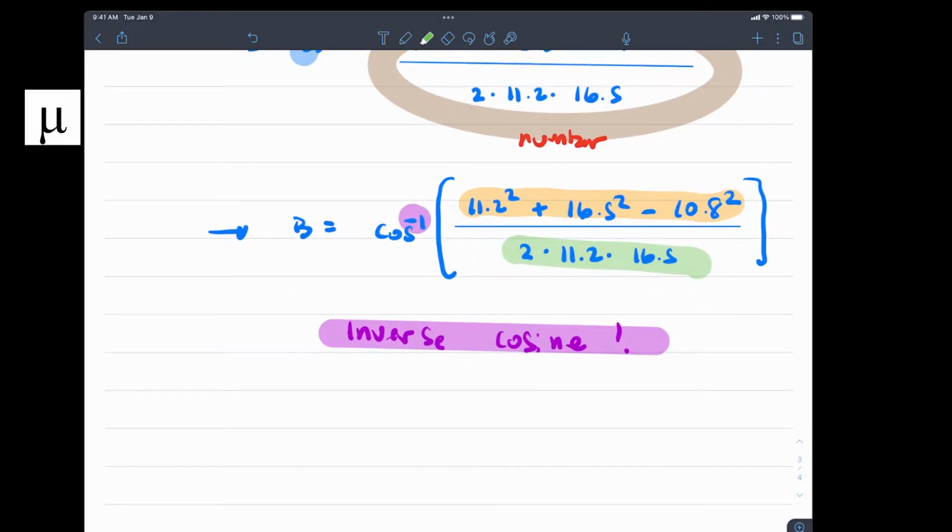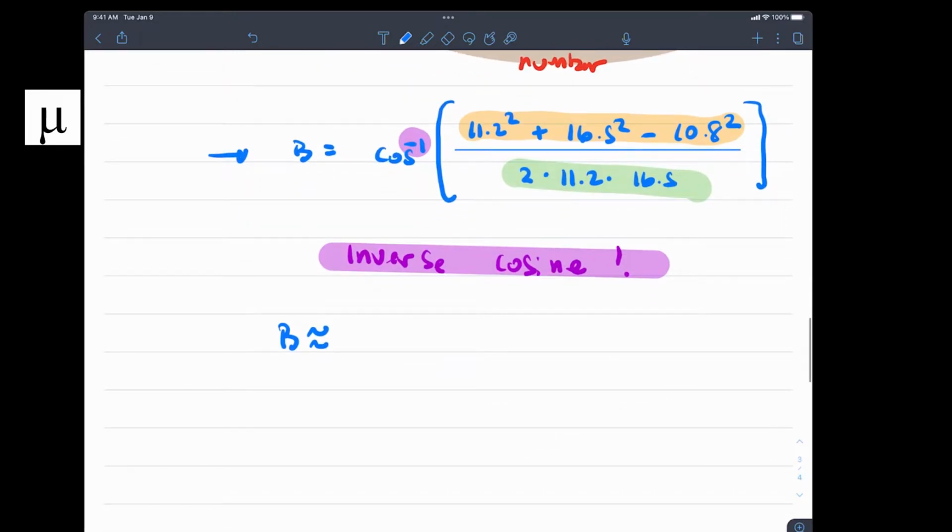And here's the deal. You're going to have what? 11.2 squared plus 16.5 squared minus 10.8 squared. Close that parentheses.